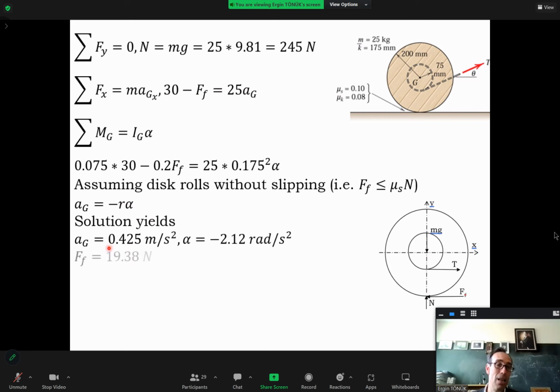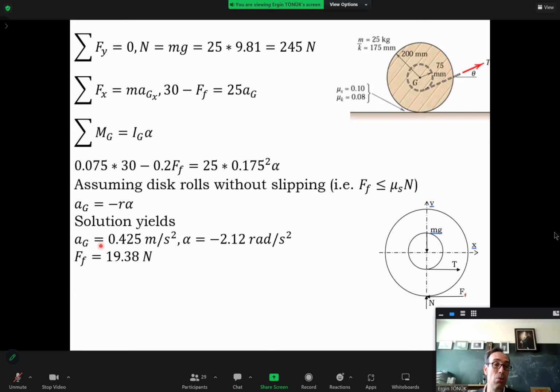Acceleration of the mass center turns out to be 0.425 meters per second square. Angular acceleration is negative 2.12 radians per second square, which is clockwise. Actually, if AG is like this, alpha would be clockwise. That's something we would expect.